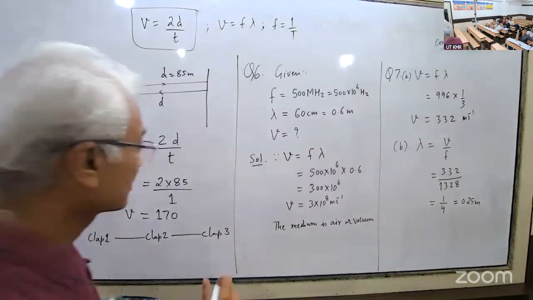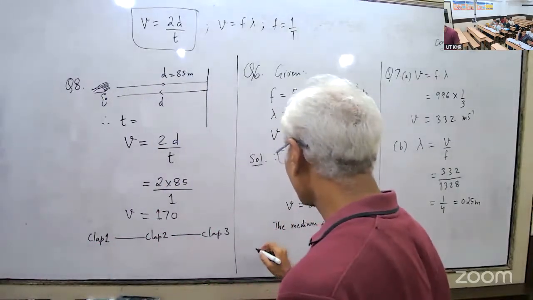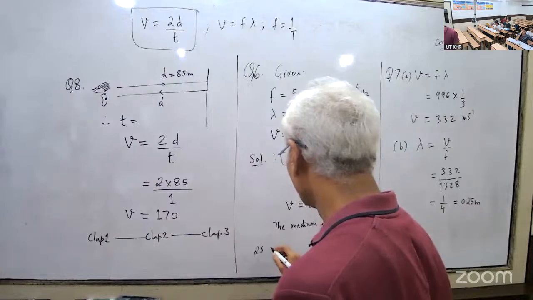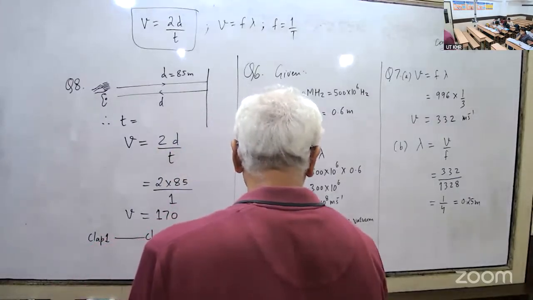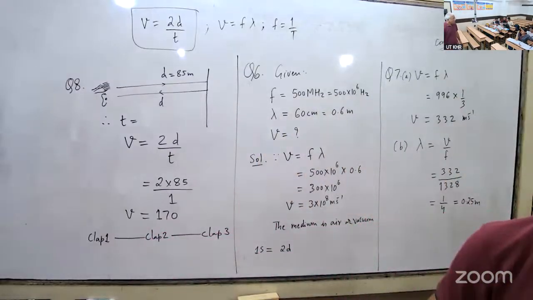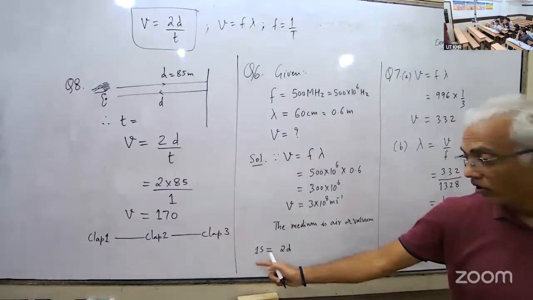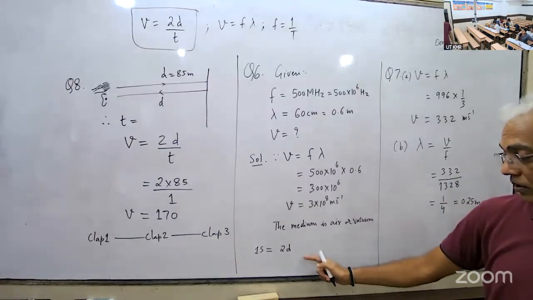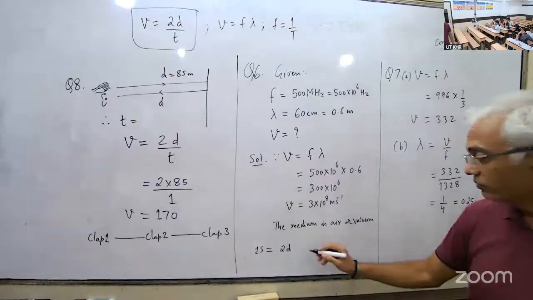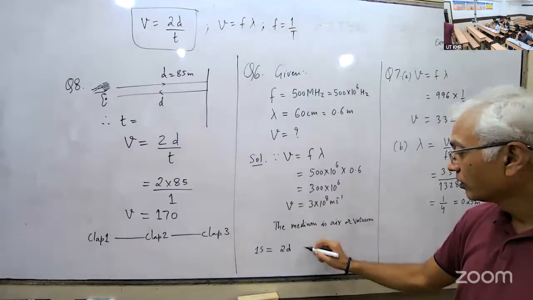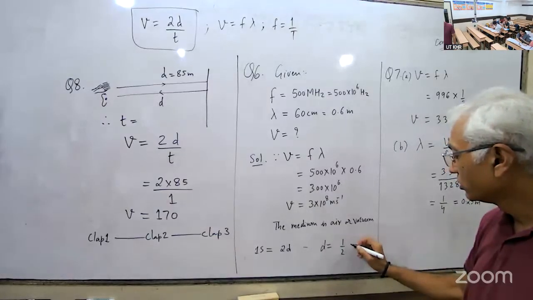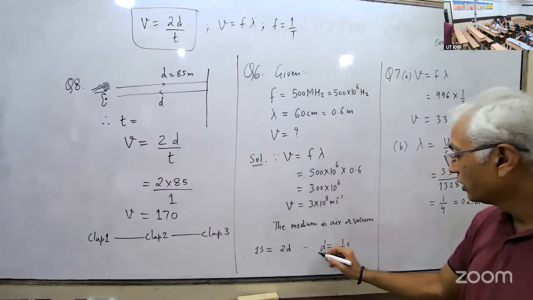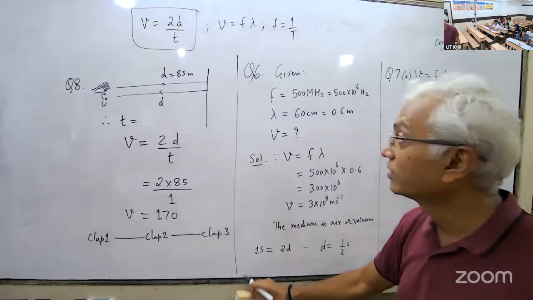See, it's like this, in 2 seconds... No, how much is traveling in 1 second? In 1 second 2D is traveling. Okay? In 1 second how much is traveling? 2D. Right? So therefore D is equal to 1 by 2, and our D is 85. No, how will this work? I don't know.